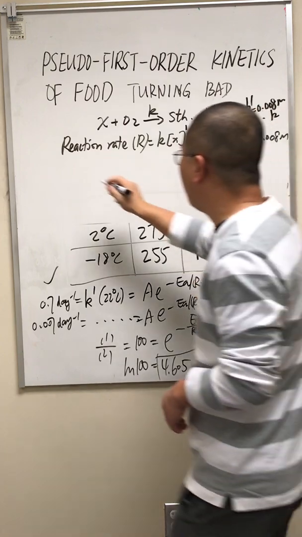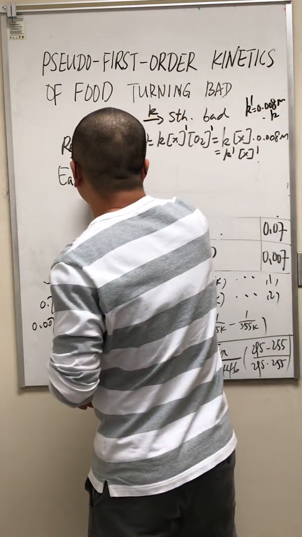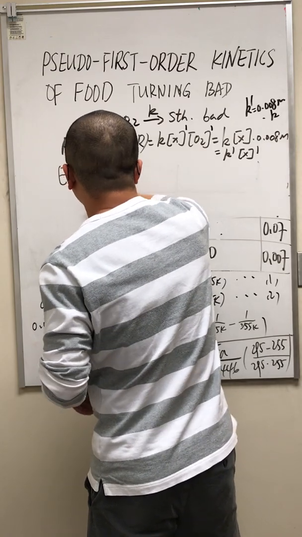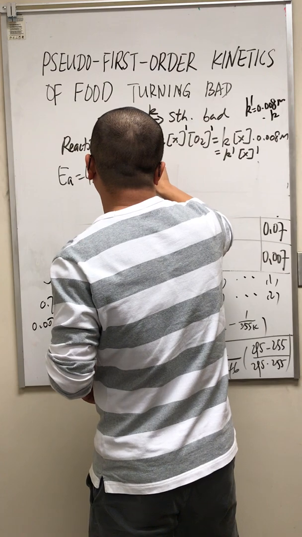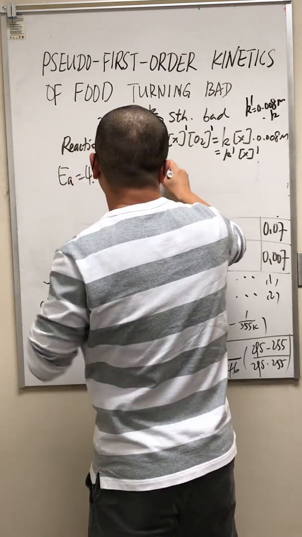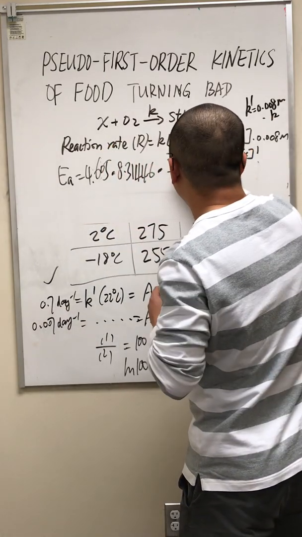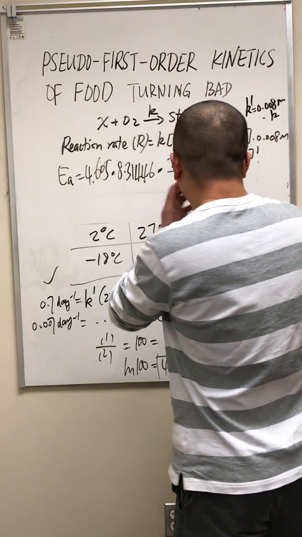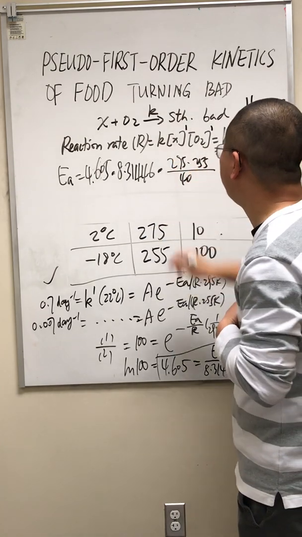Okay, so EA is going to be 4.605 times 8.31446, that's your R, times 295 on top, 255 on top, 295 minus 255, 40.